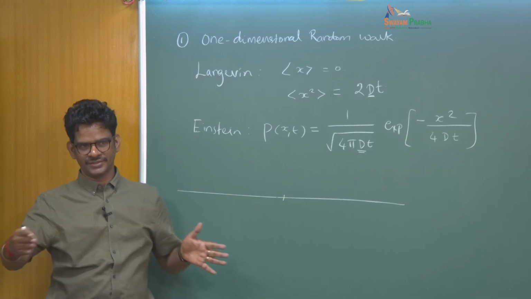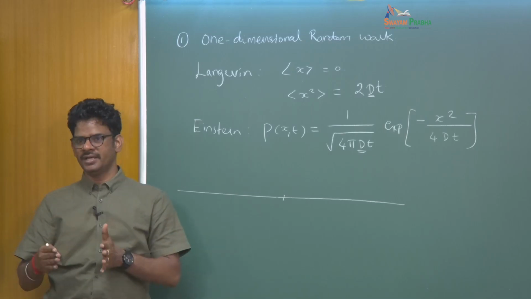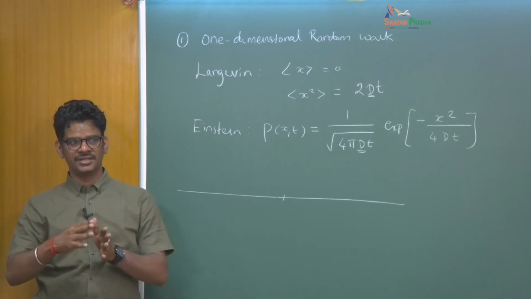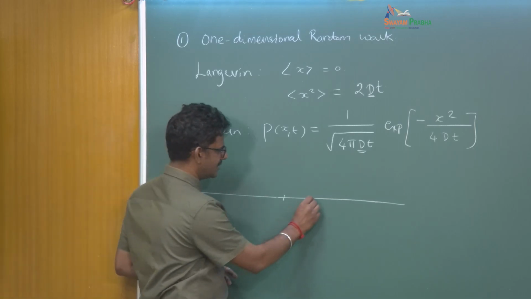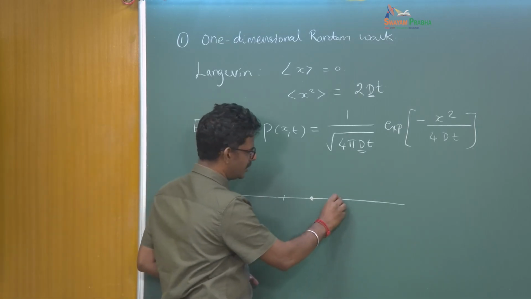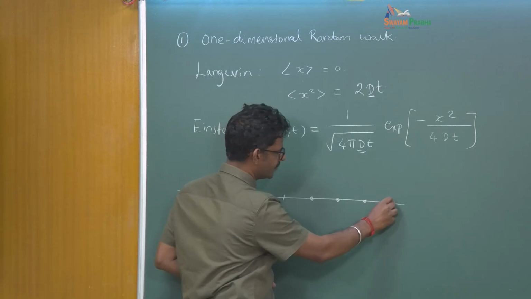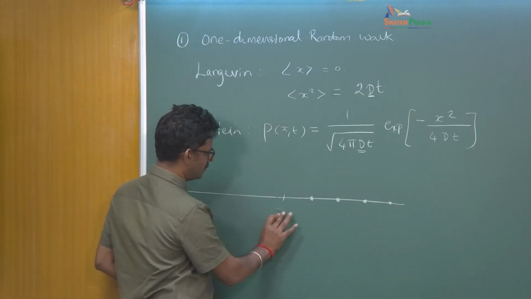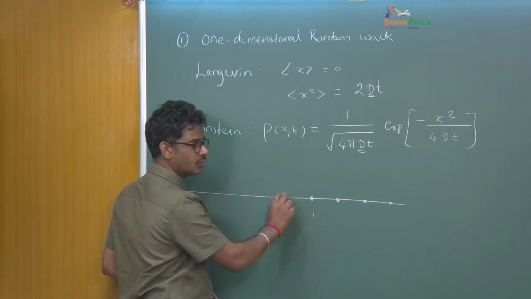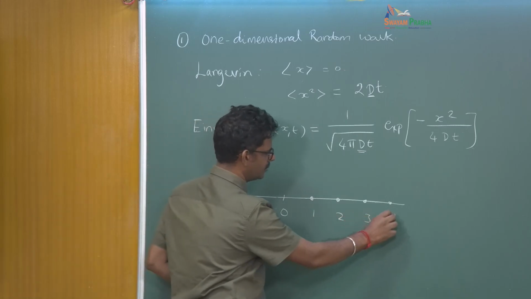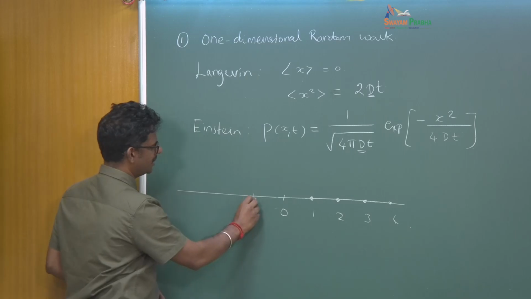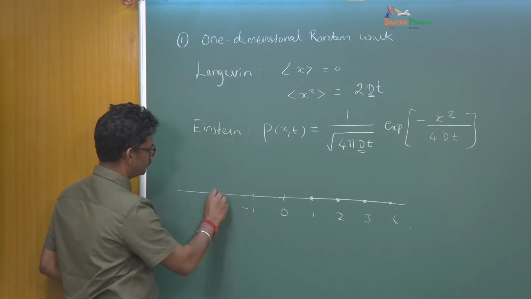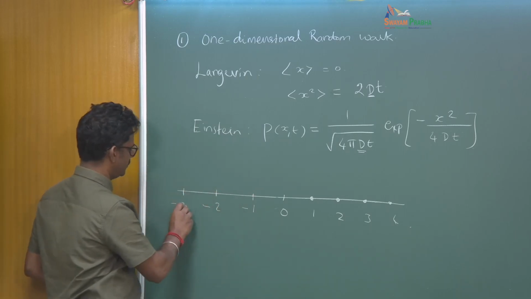Imagine that you have a lattice and the particles can only take those well defined lattice positions and nothing in between. So there is a lattice point here, another one here, and they are all equidistant. So we say this is 0, lattice positions at 1, 2, 3, 4 and so on, and similarly it can go in the opposite direction, so -1, -2, -3.